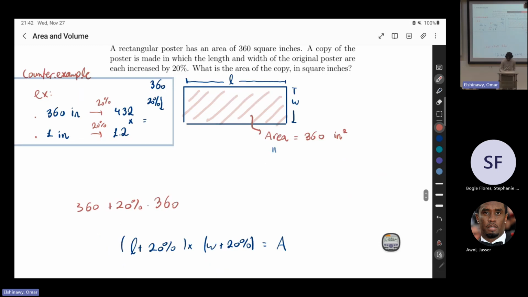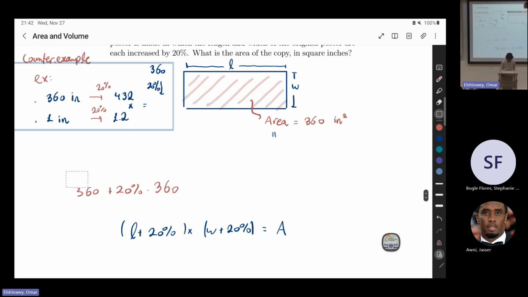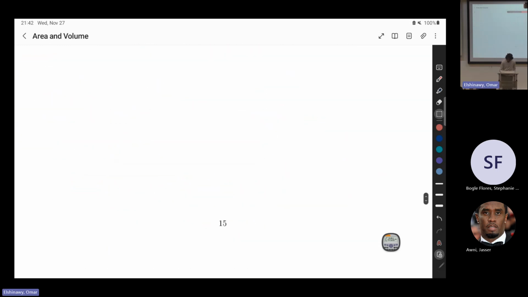Let me make these ideas very precise. So the original area, let's say area old, was length times width. Let's say length old times width old. Now this was equal to 360 squared inches, right?